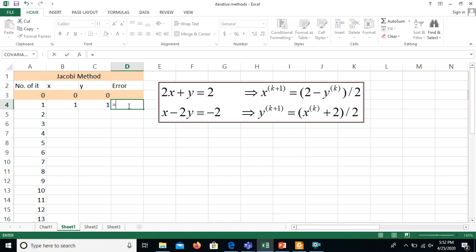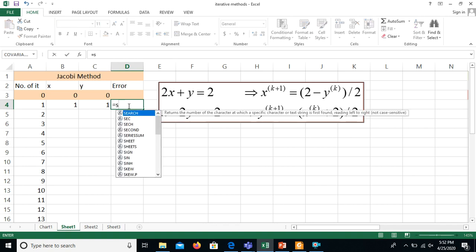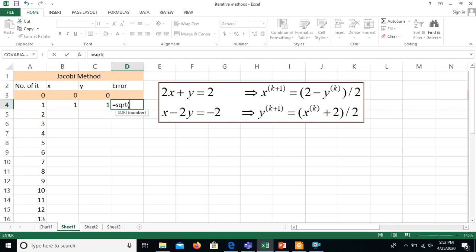So for example, I compute the error through the distance formula, which is the second order norm. So I can say square root of x new value minus x old value, at B3, and square of it, plus new value of y minus old value of y, and square of it, all under the square root.